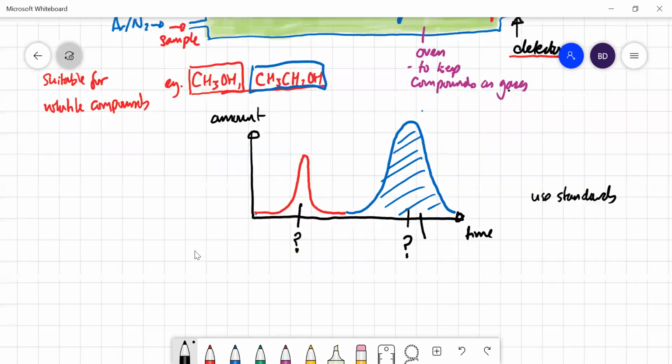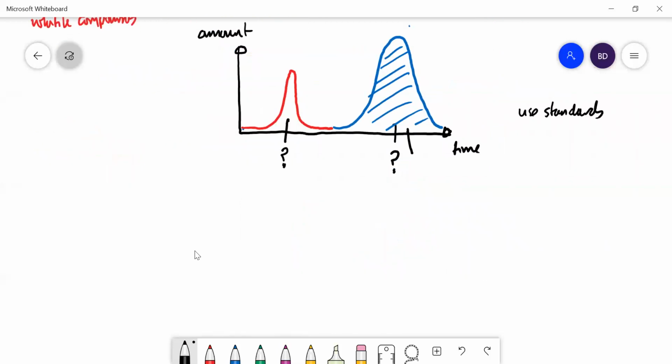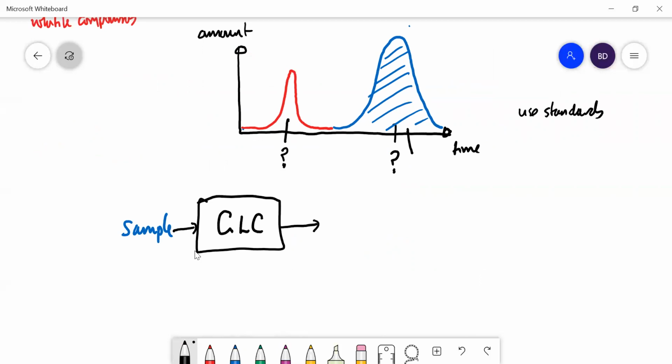But a far more powerful technique is to couple gas liquid chromatography with mass spec. The sample will go into a gas liquid chromatogram, and then after that it will go straight out, so each of these peaks goes into a mass spec. What mass spec will give you is the Mr of the compounds.